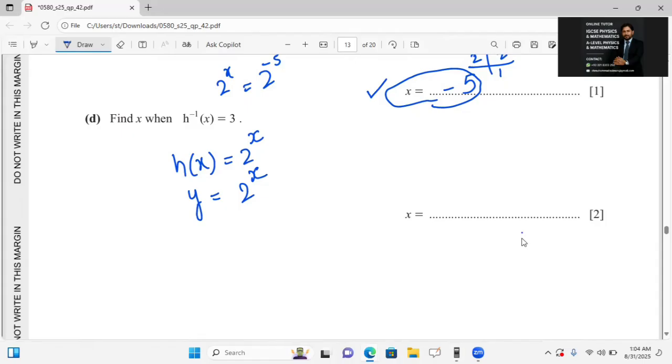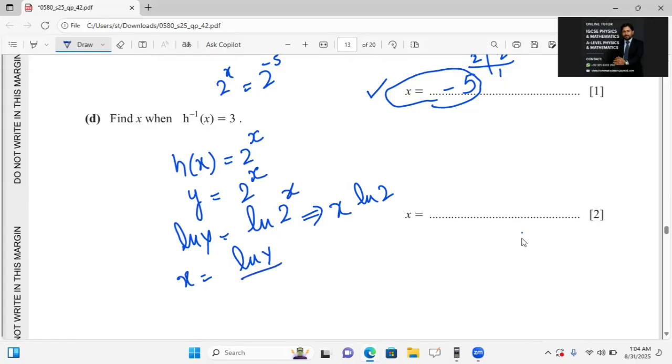From here, if I want to make x the subject, then I take ln y is equal to ln 2 power x. According to logarithm, this is x ln 2. So x is equal to ln y over ln 2. So this is your h inverse of y.